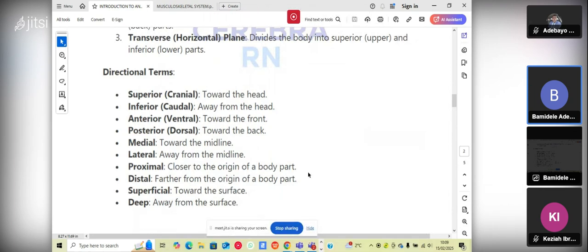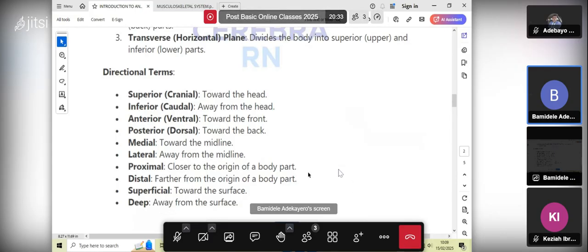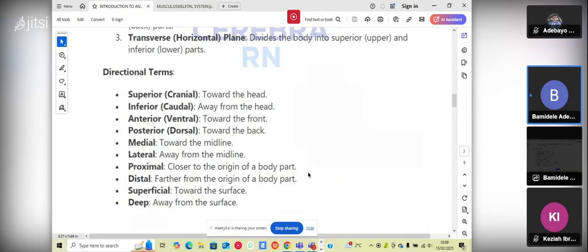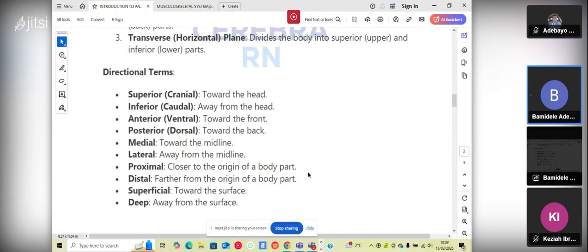Directional terms help us to describe a body part in respect to other parts. When we say something is superior to another thing, the eyes are superior to the nose. That means the eyes are towards the head, the upper part of the body.